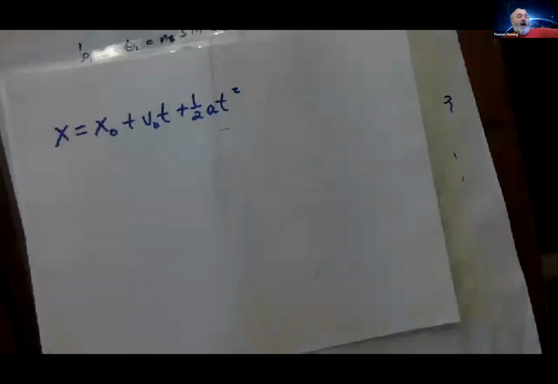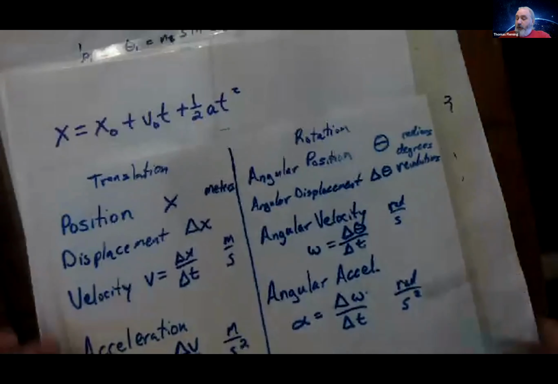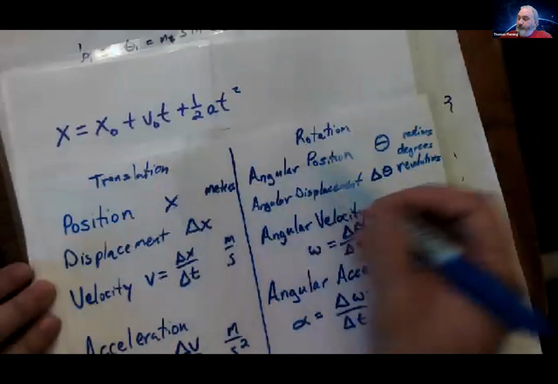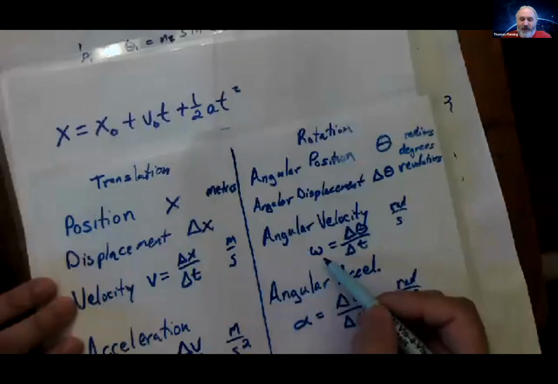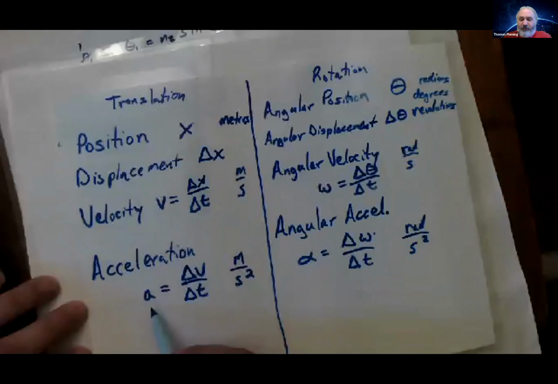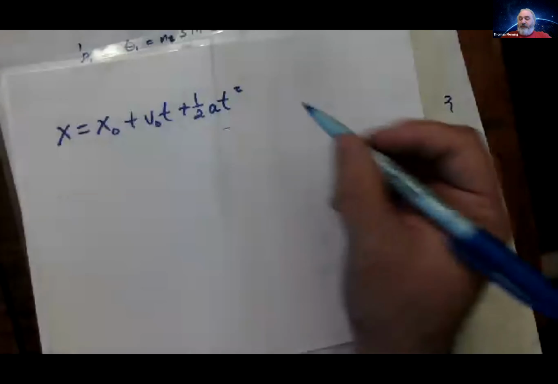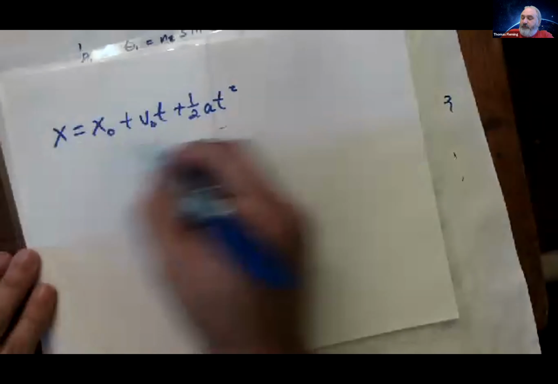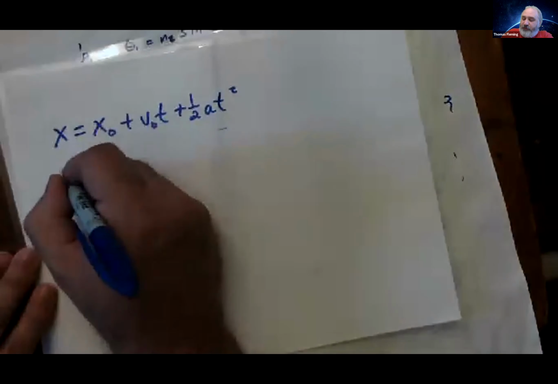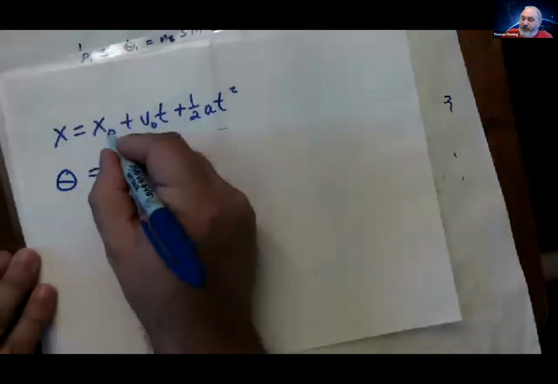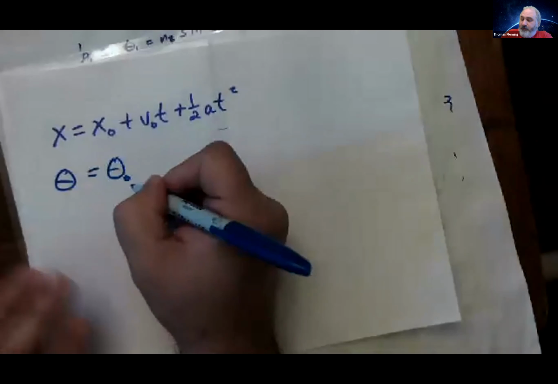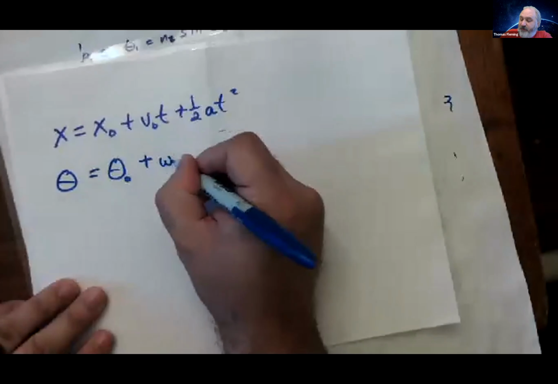So for instance, I will replace all of the x's with thetas. I'll replace all the v's with omegas. I'll replace all the a's with alphas. So my translational position equation turns into my angular position equation by replacing this with theta final, this with theta initial, this with omega initial.